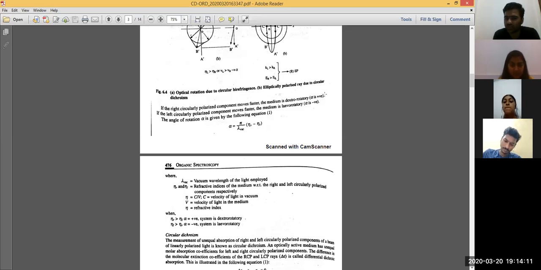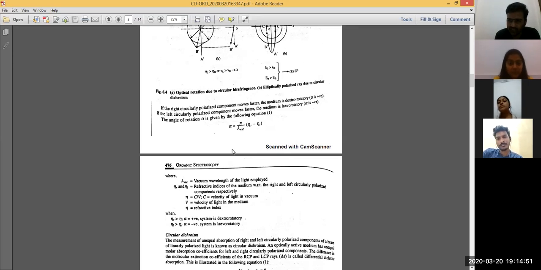Now, when the medium is dextrorotatory, alpha should be positive. That's how you define a dextrorotatory substance, which has a positive degree of rotation of plane polarized light. So when will alpha be positive? When eta R is greater than eta L. Only then will alpha be positive; otherwise, alpha will become negative.